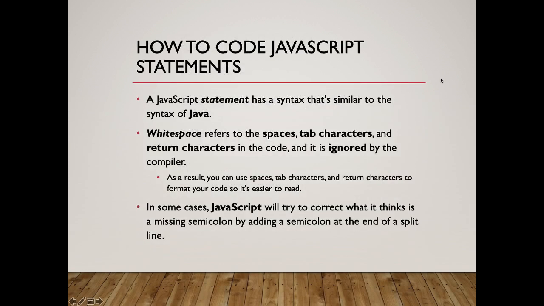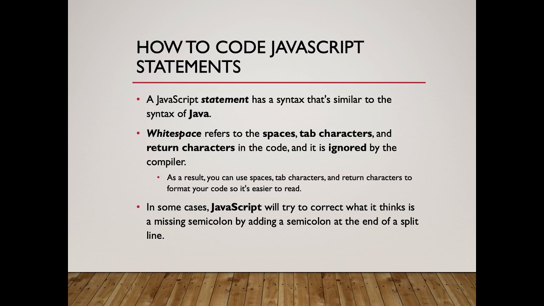So a JavaScript statement has a syntax that's similar to Java, as well as C# and other programming languages that you guys have worked with before. White space refers to any sort of tab, spaces, or return characters in code that's ignored by the compiler. So anything that is not registered by the compiler is considered white space and is ignored in your application.